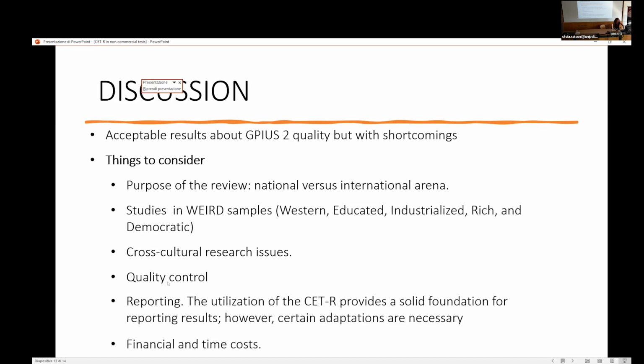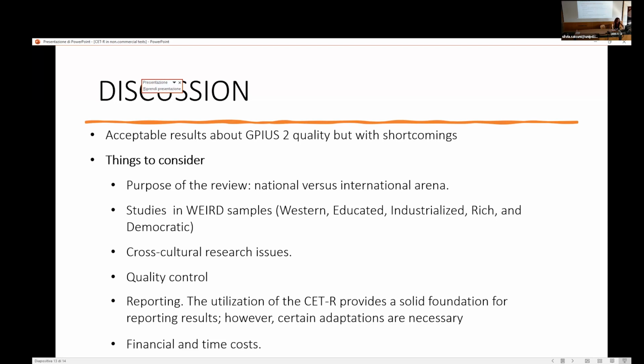Also, one thing we need to work on if we want to introduce this strategy when applying test review models is quality control, because not all the papers had the same quality. There were some that were really good and some that were not so good. And even if this looks like a good strategy, some adaptations are required because some aspects are very difficult to judge, like the quality of the materials.